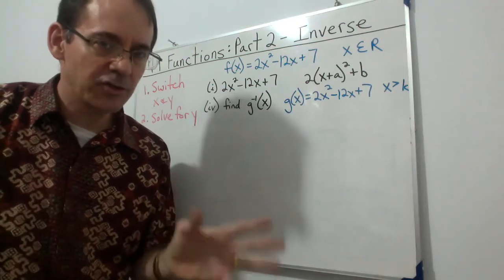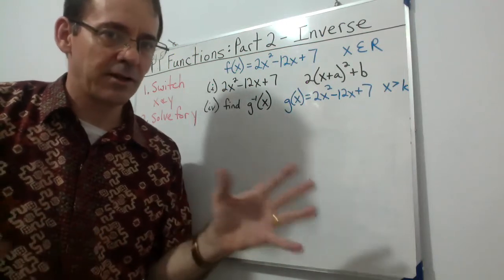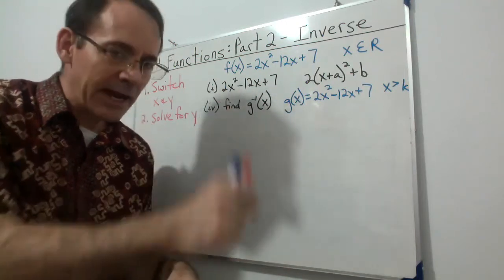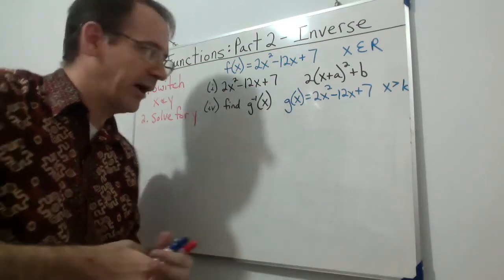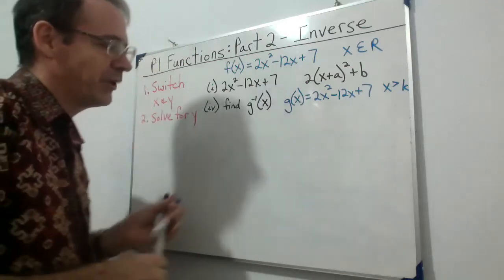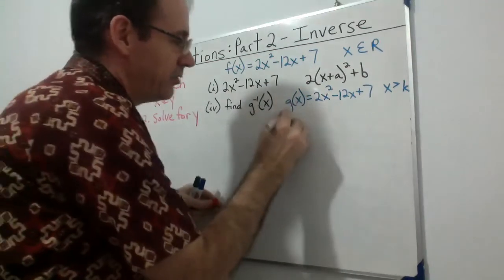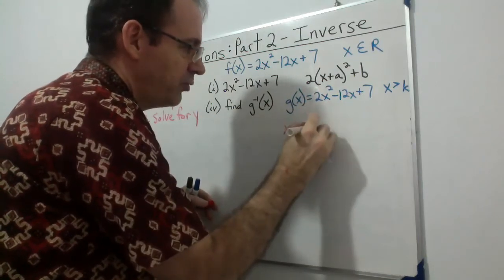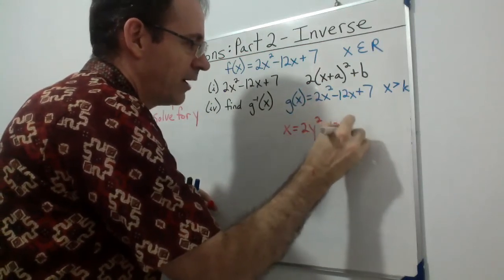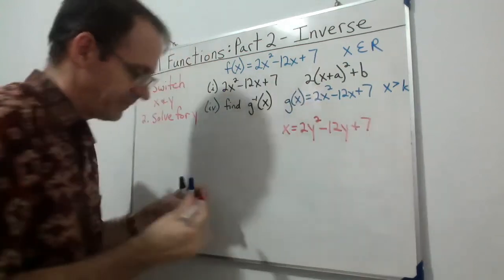I see a lot of students do this. They waste a lot of time. They do a lot of math running in circles, and they can't get the answer. Here's the problem. If you switch x and y on this, you take this as the y, so you make that the x, and you get 2y squared minus 12y plus 7.